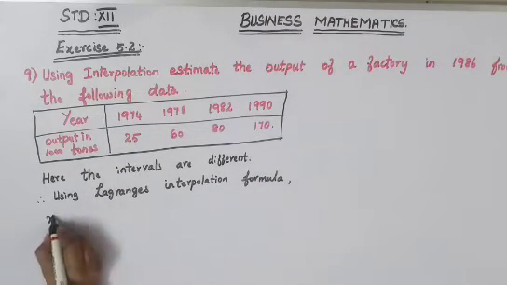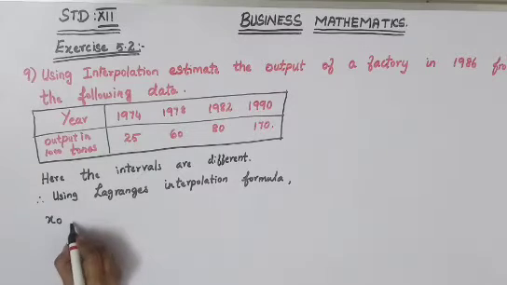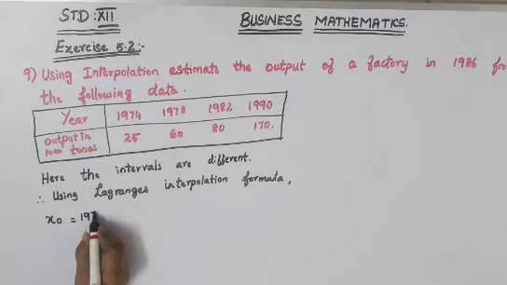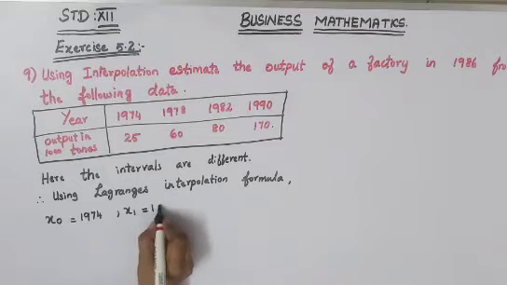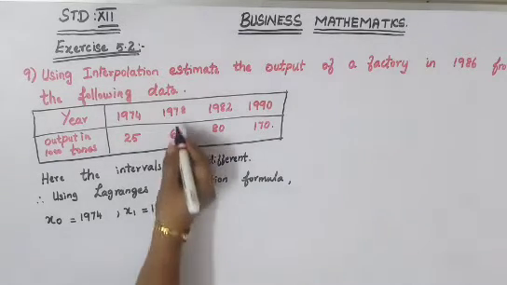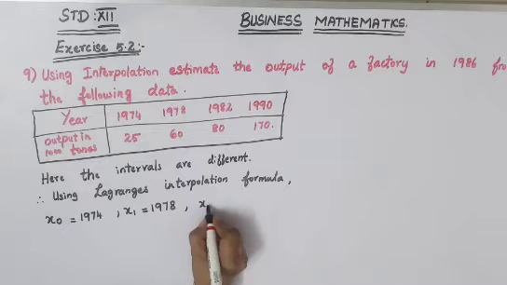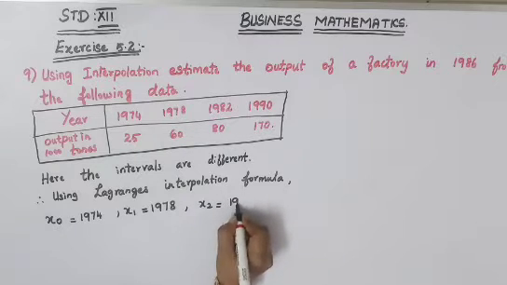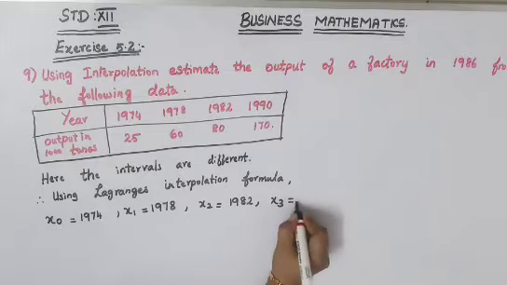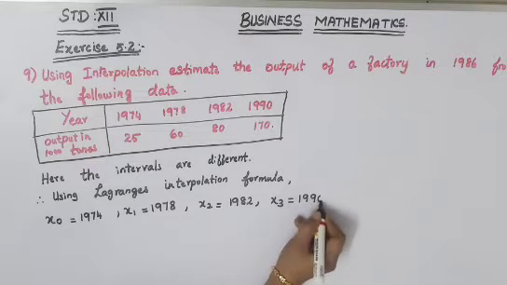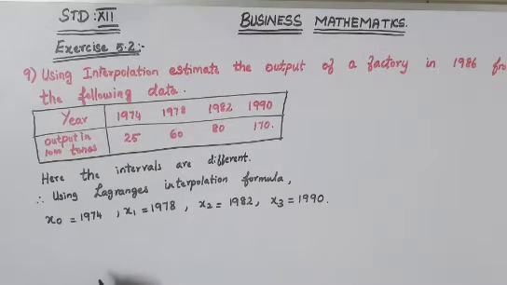First is x naught. This is your x naught, that is equal to 1974. Second is x1, 1978, this value. Then x2, 1982. Then x3 is 1990. Then you will have to write your y naught.